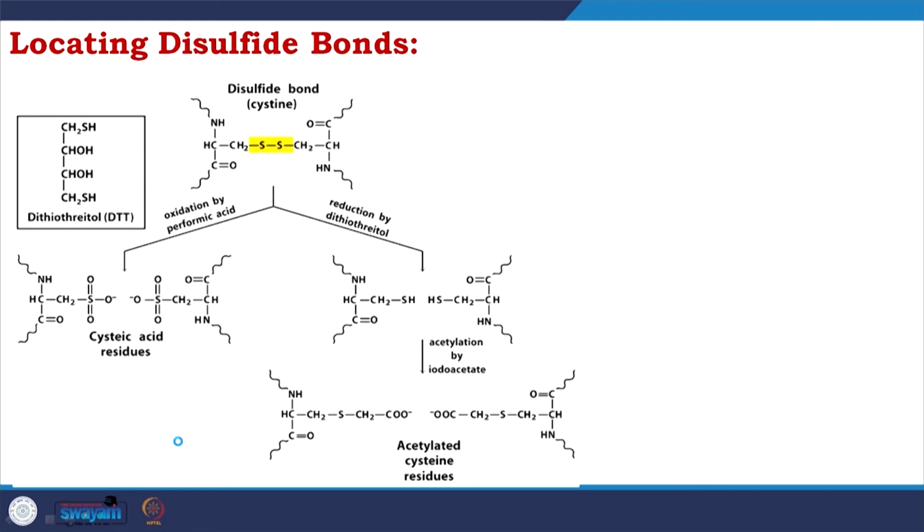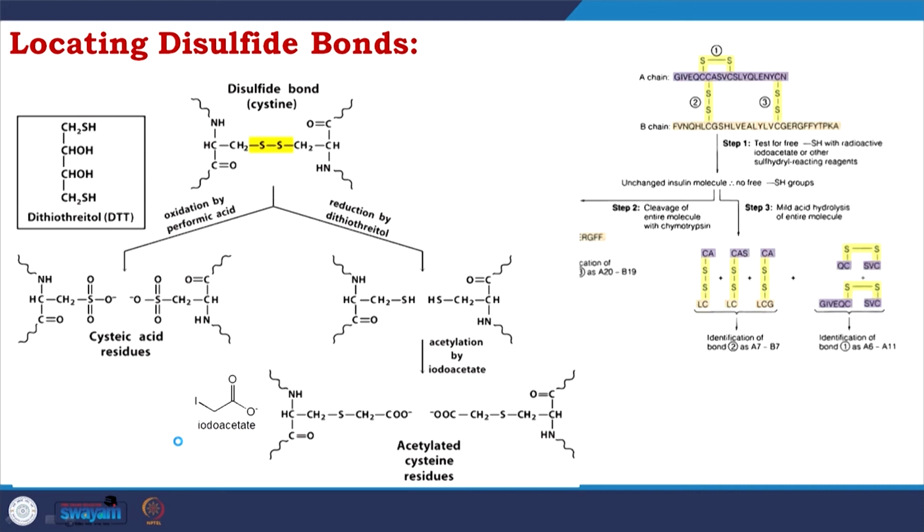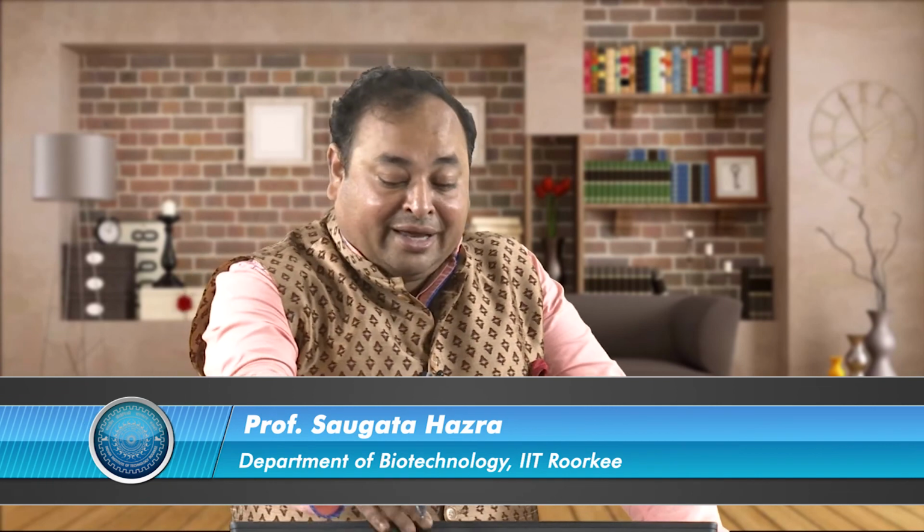In case of dithioerythritol, the disulfide bond would be reduced and individual SH groups would be formed, and then you put iodoacetate, it would do acetylation, and now you get acetylated cysteine residues. So, in the protein you identify the acetylated cysteine residues and you know where the disulfide bonds are. Without treating with dithioerythritol and with treating with dithioerythritol, you will get the difference.